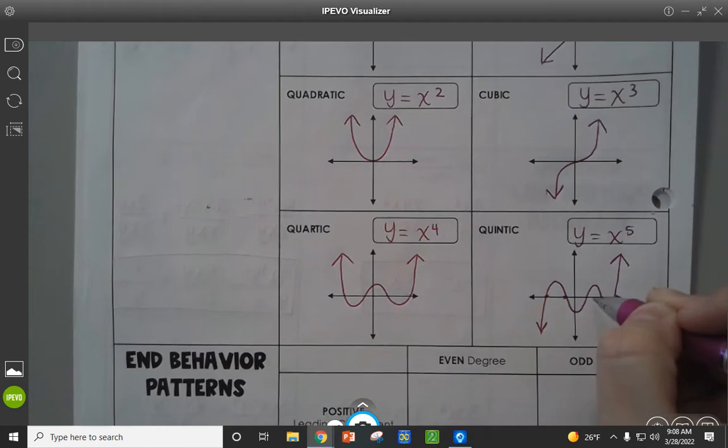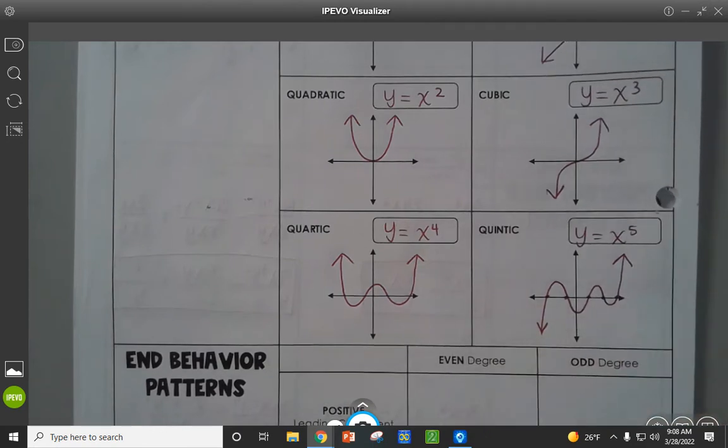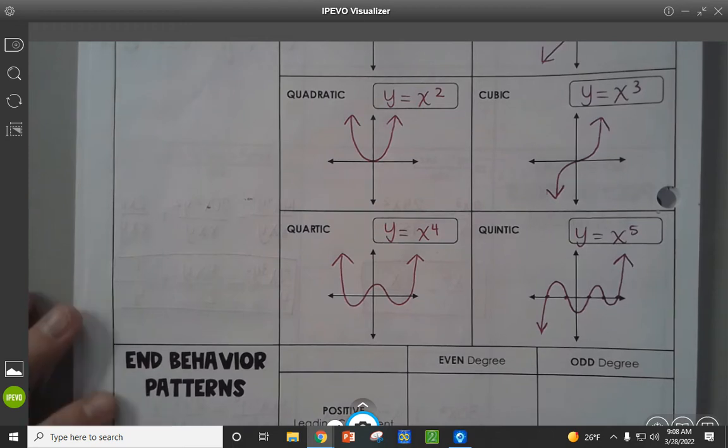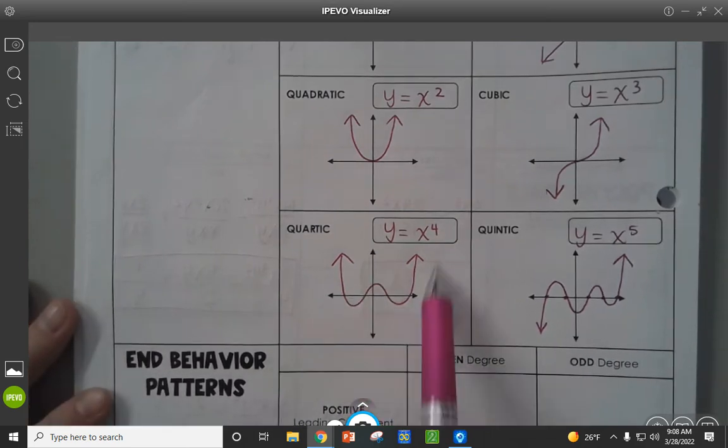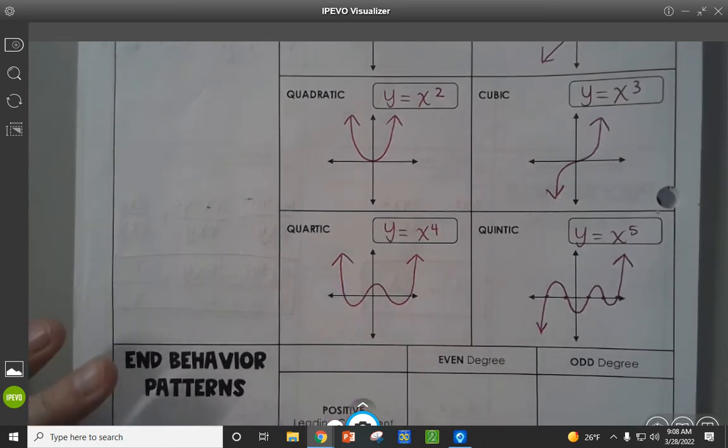That's kind of how I determined it. I counted as I went. But the arrows point in opposite directions. So if you see a graph and it looks a lot like this, it's probably a quintic graph.